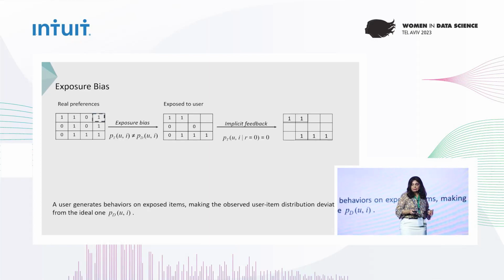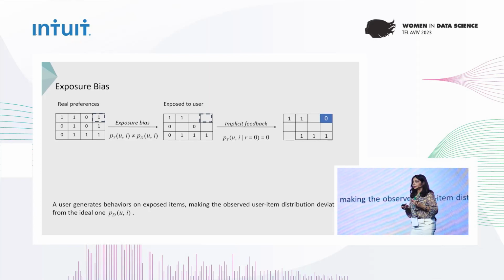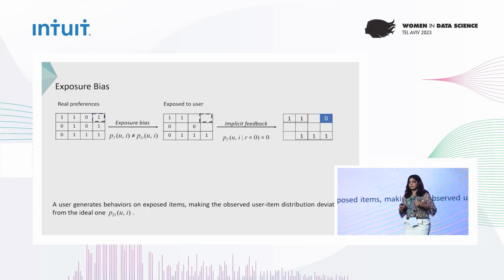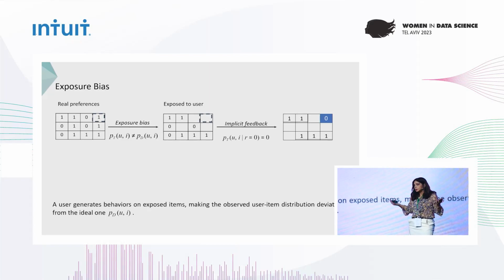So for example, if the user really liked this item here that is marked, but the system did not expose the user to it, then when we collect the implicit feedback data later, this specific item doesn't have an interaction with this specific user, and we would consider it a negative item. So this is exposure bias, where the user generates behavior just on exposed items, and this deviates the distribution of the data that we collect.